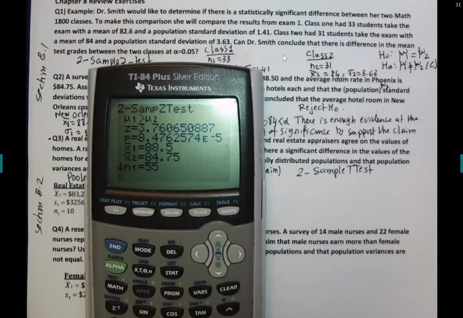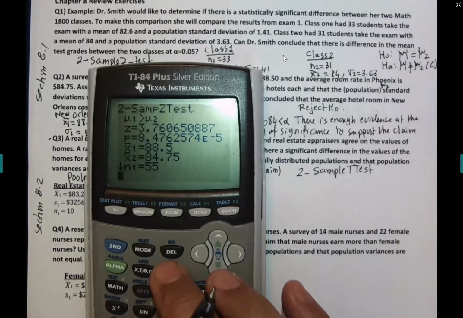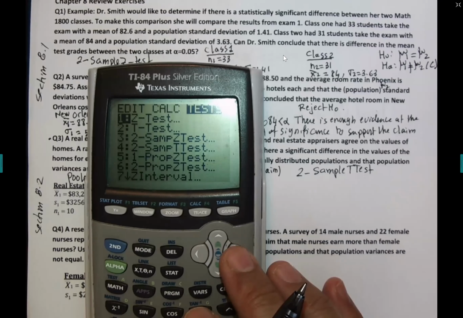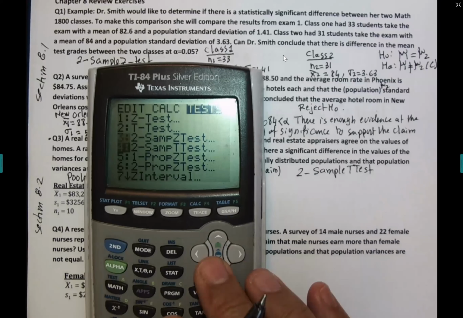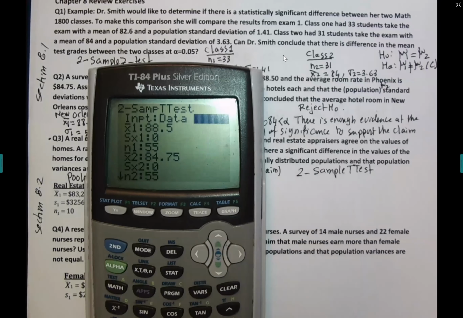Stat, tests, two-sample t-test. It's a summary. So X1 bar is 83,256.